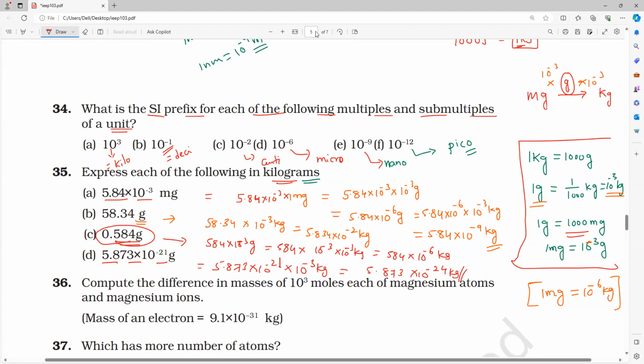Finish it, clear? Make it quick. Completed?